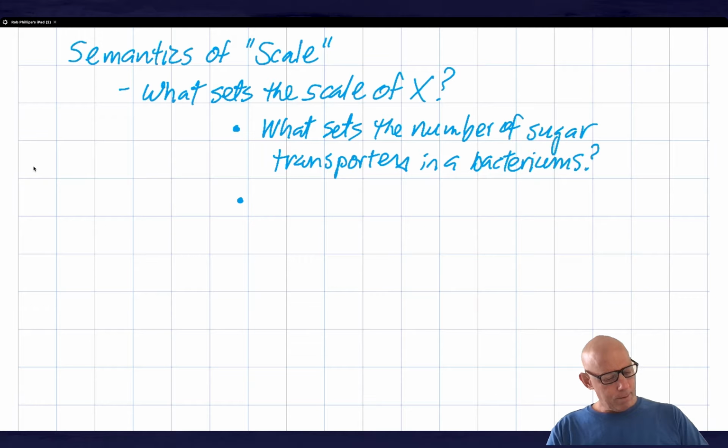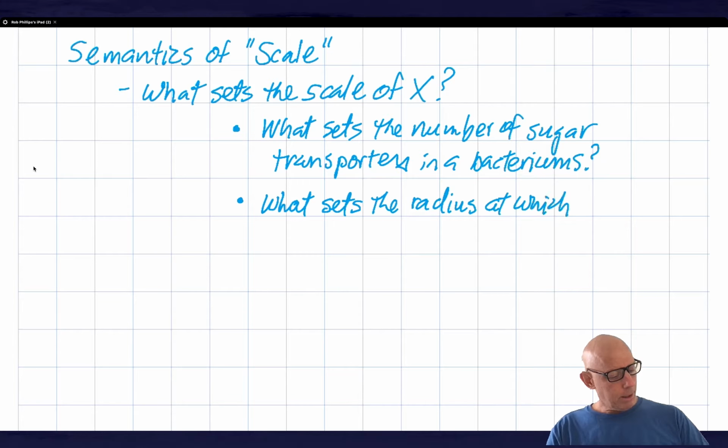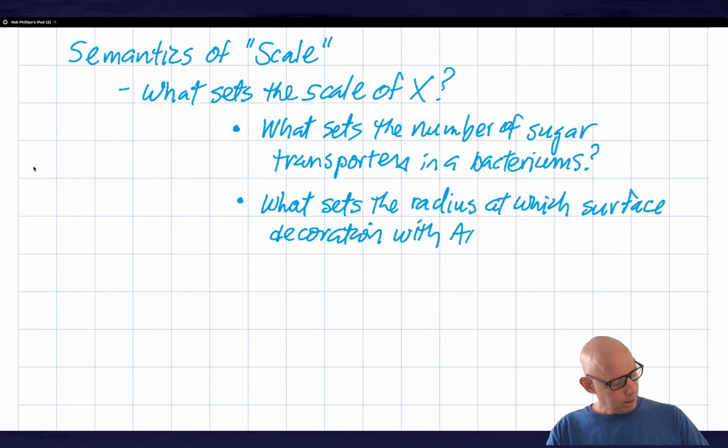Another example that we carried out was when we were thinking about the surface to volume ratio. What sets the radius at which surface decoration with ATP synthase will not be sufficient in order to feed the needs of the bulk of the cell.